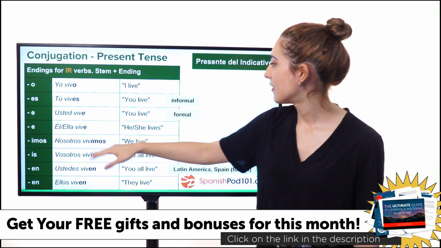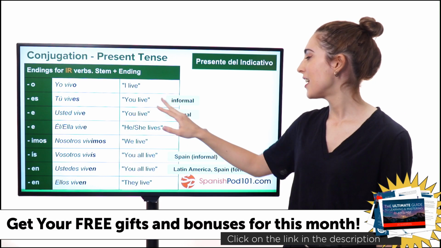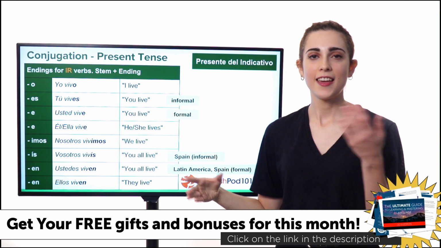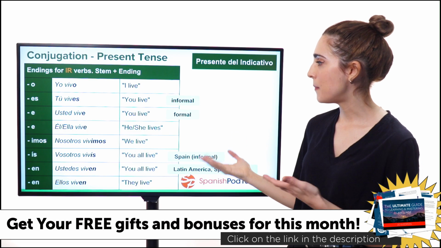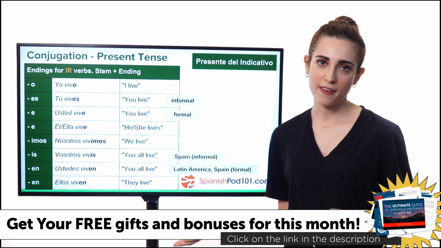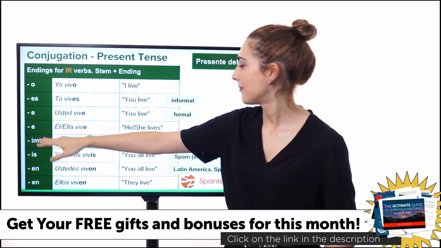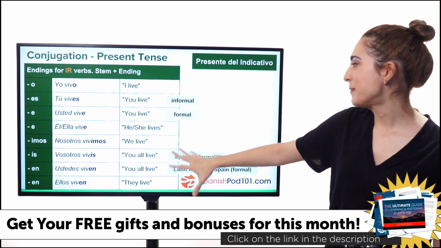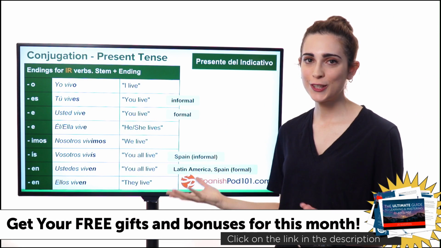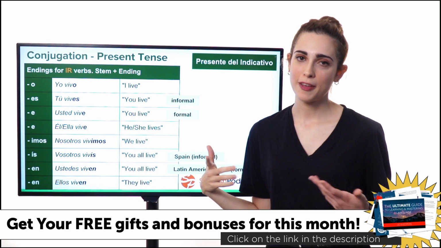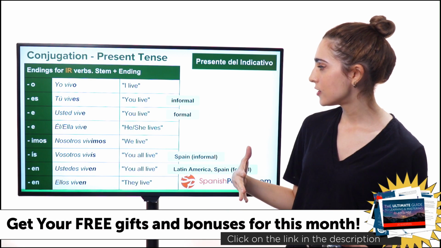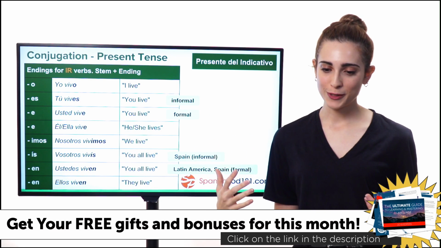We add an E. Now for the third person of the singular, he or she, él vive, ella vive. We add also an E. Then for the plural forms, we have we, nosotros or nosotras, feminine, nosotros vivimos, nosotras vivimos.